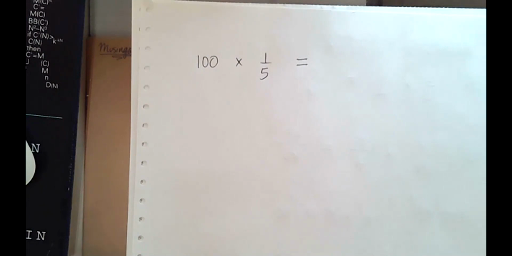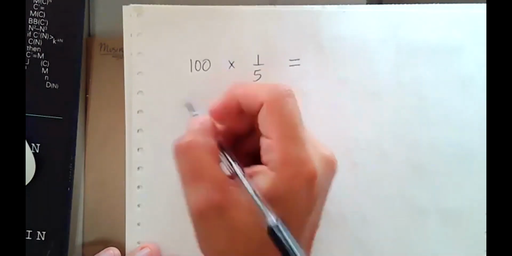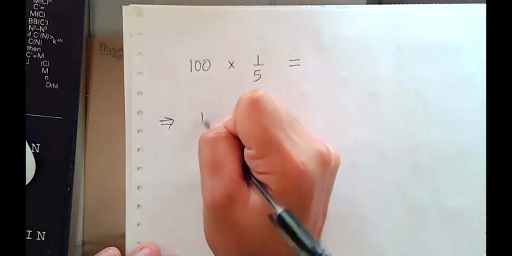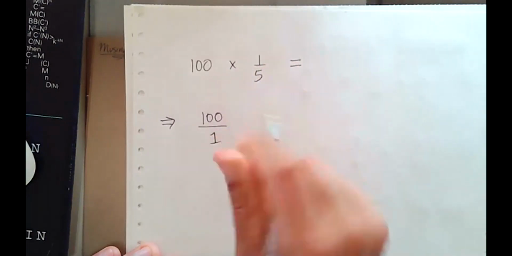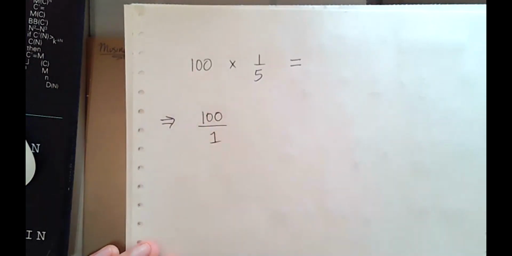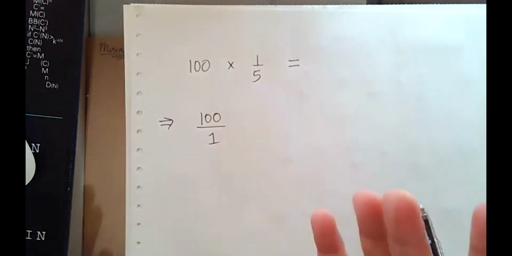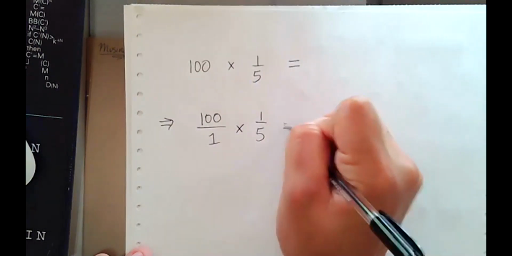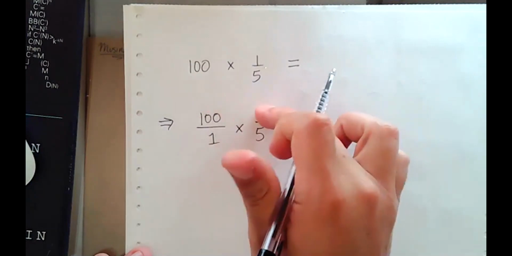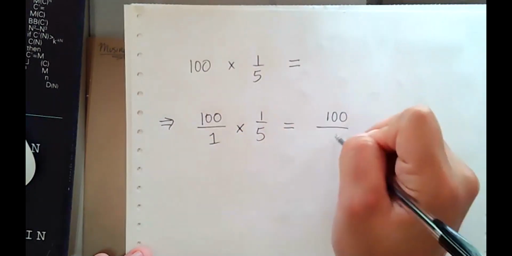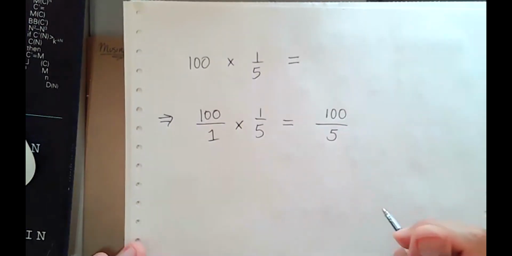Oh, damn. Yeah, under. So that's definitely one strategy, right? We can go ahead and write this as 100 over 1. Remember that 100 divided by 1 is still 100. So these are the same value, they just look different. But now that we have a fraction, we can just perform that operation where we multiply the tops, multiply the bottoms, and you have 100 over 5.